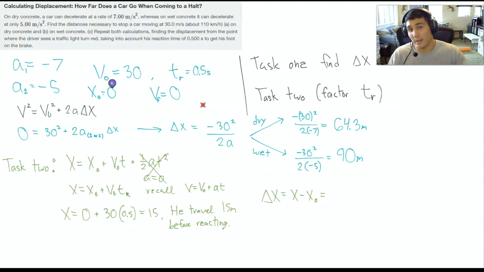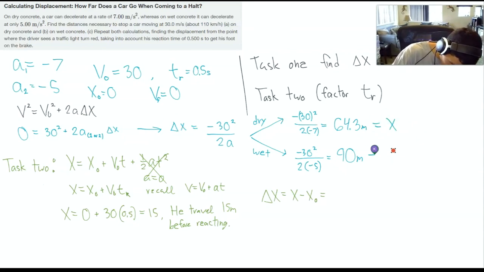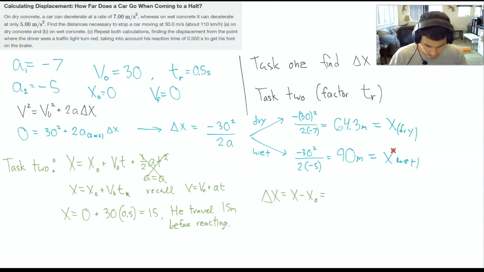Xo is equal to 0, right? That's why this is just changing x is equal to x. And let me just write equals x here. X dry, x wet. Okay, so this is going to be x react dry, and x wet.